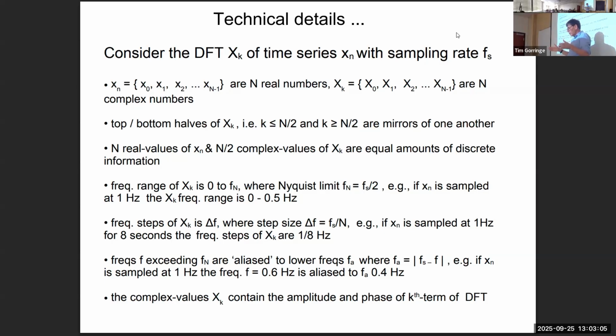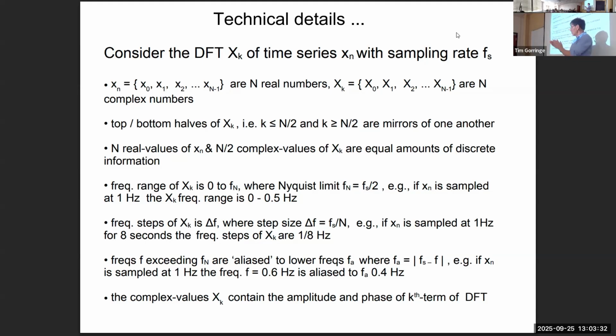The range of frequencies you see in the frequency domain goes from 0 frequency, the lowest frequency bin, up to half the sampling rate. That's the highest frequency you see in the frequency domain. And half the sampling rate is called the Nyquist limit.